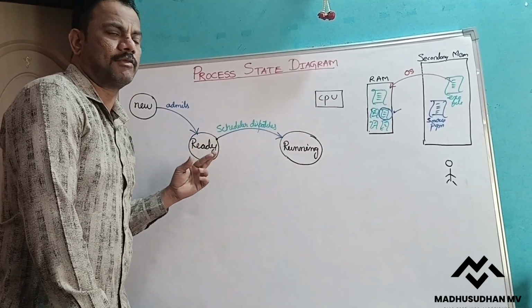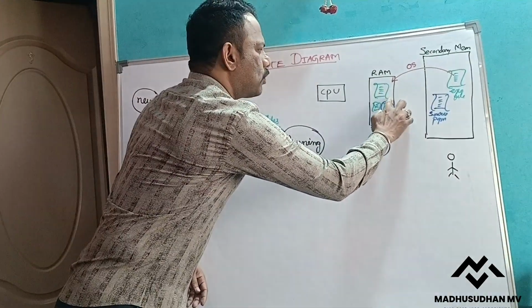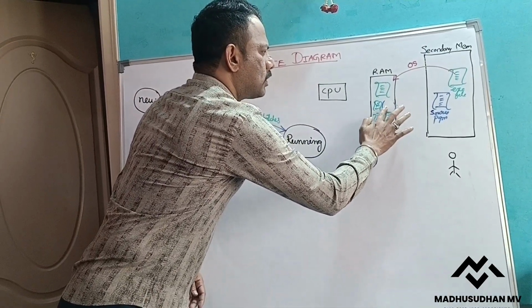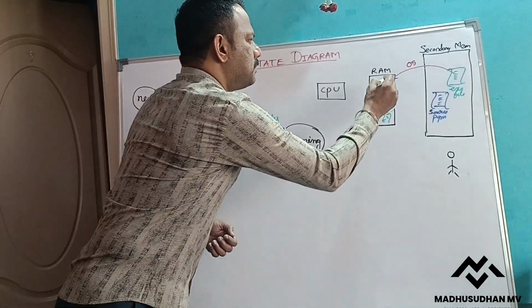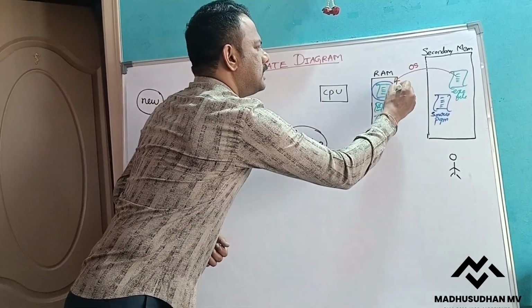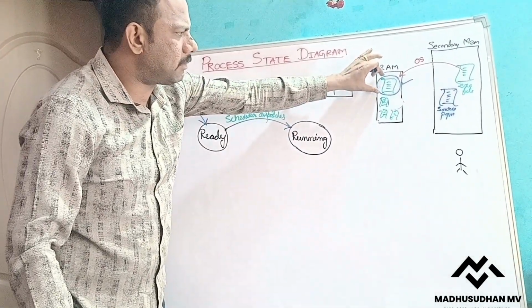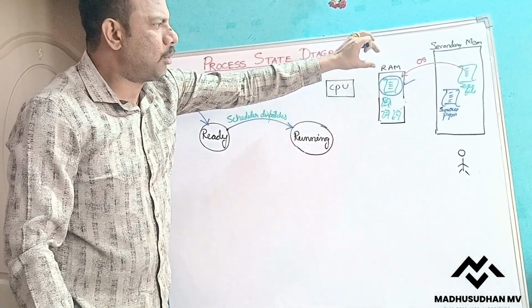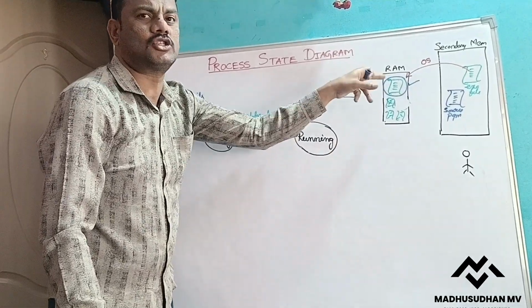Now this process is currently executing, so we call it the running state. Running means the CPU is executing its instructions.